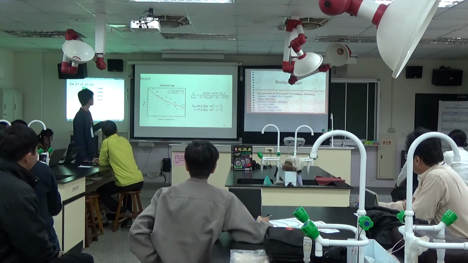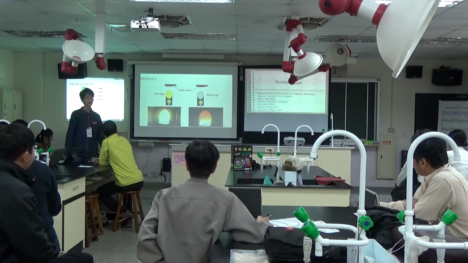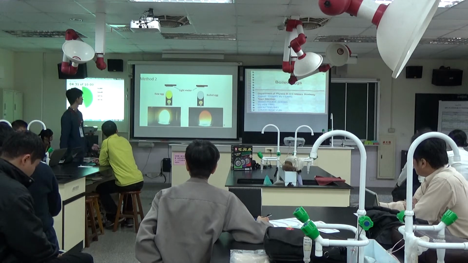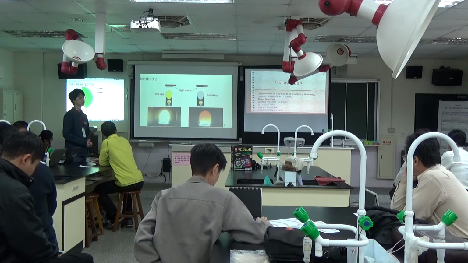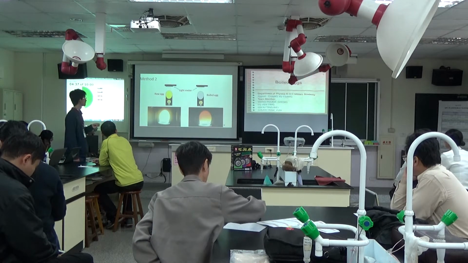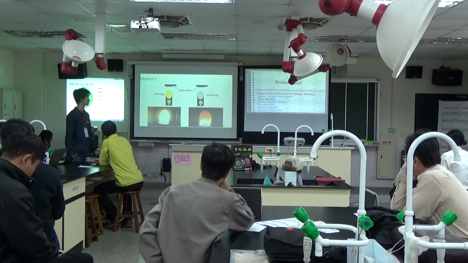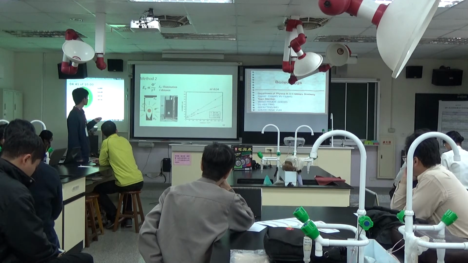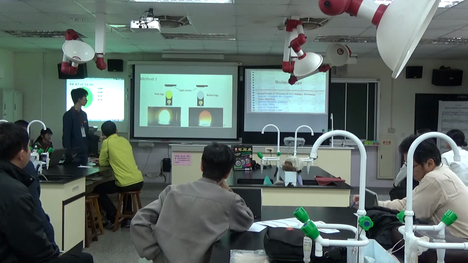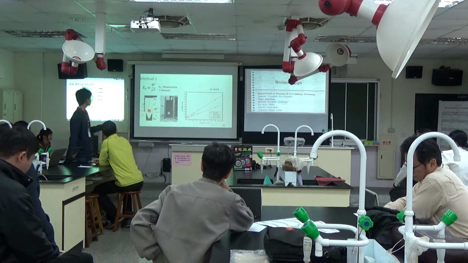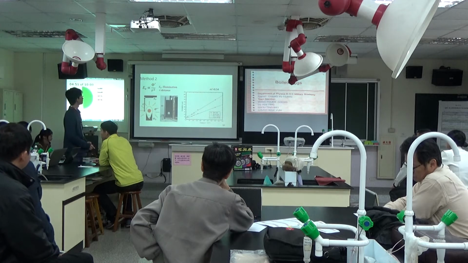Our second method is the optical approach. Because when the egg is boiled, the opacity of the egg will be different. Here you can see the opacity of the boiled egg is much lower than the raw egg. And this is our theory.